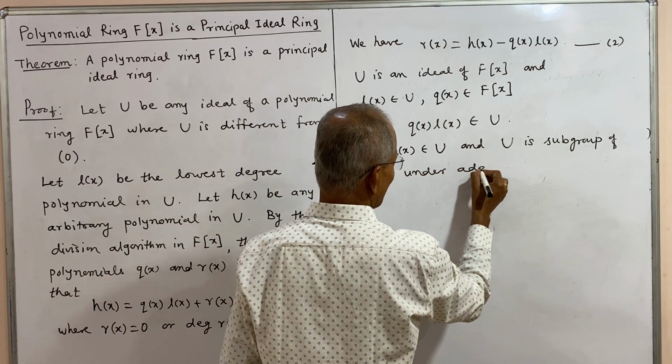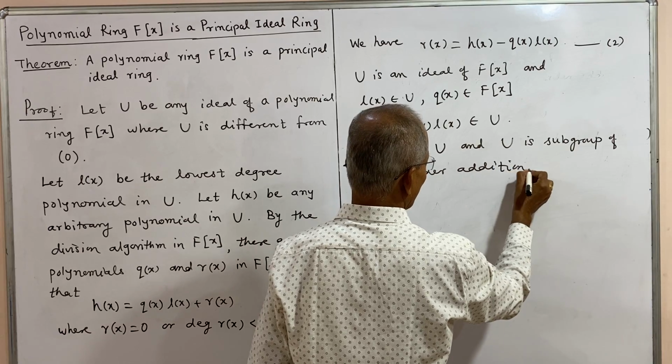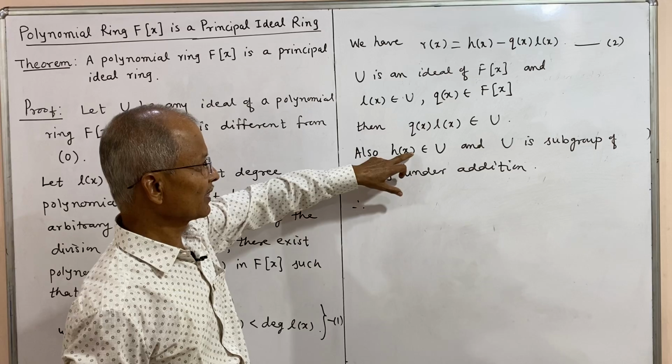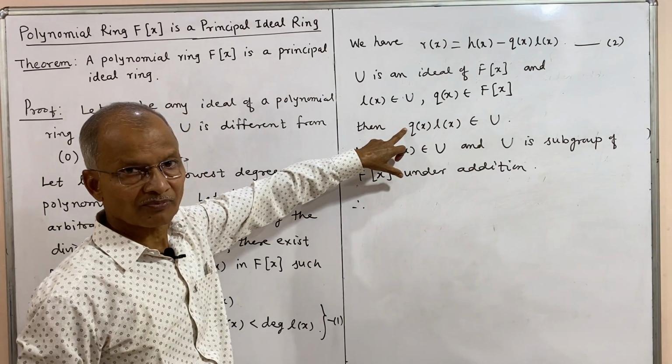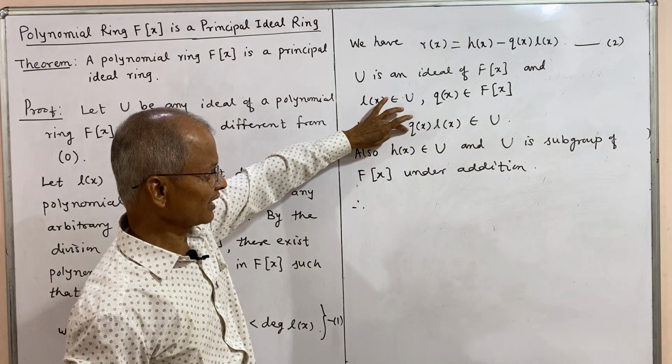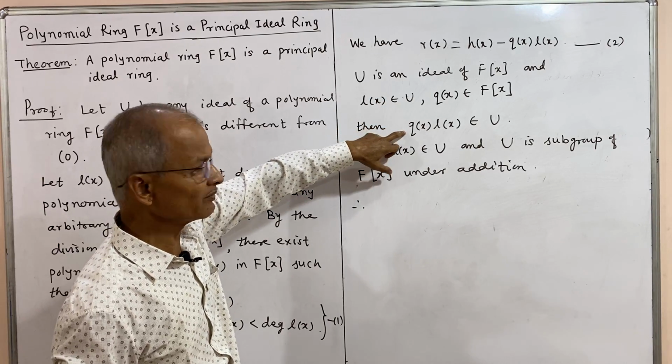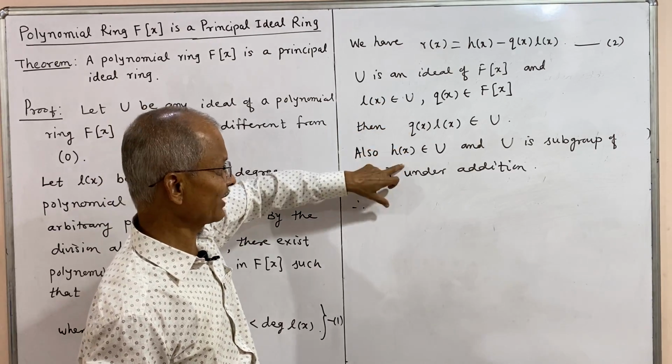And therefore, see the difference of these two, that is h of x minus this, its additive inverse exists, and therefore the addition of this h of x and the additive inverse of this means actually the subtraction.